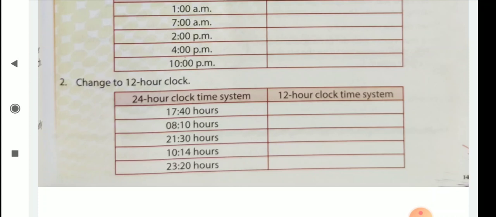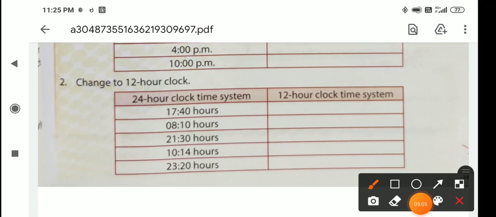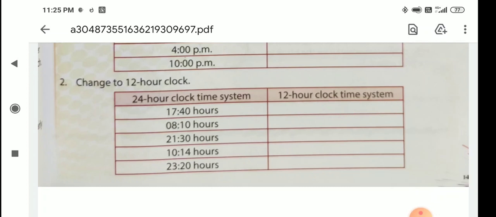We get 5:40 PM. We write like this: 5:40 p.m. Then 8:10 hours means just we write 8:10 am because it is less than 12. So like this you complete 2 number, children.